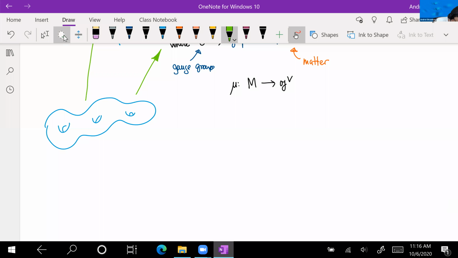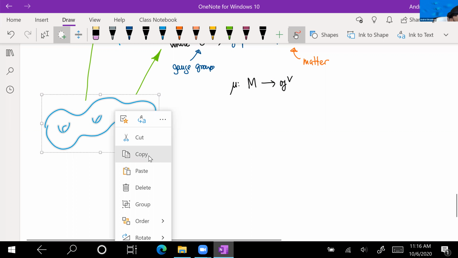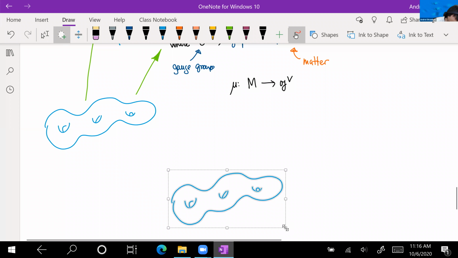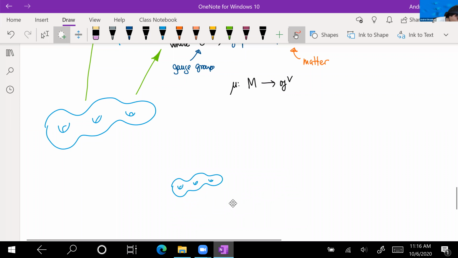So the first step is, what does it mean to map?